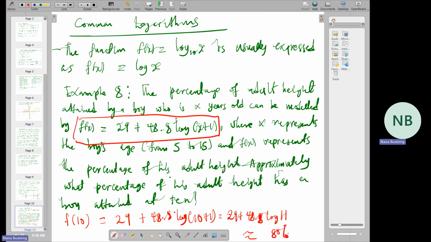If we find this on our calculator, we'll have approximately 80%.